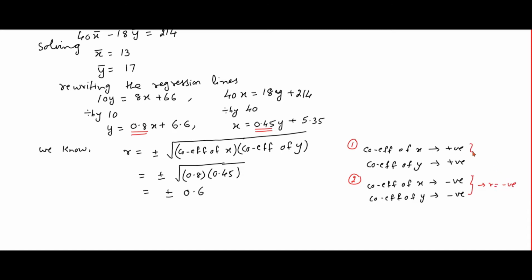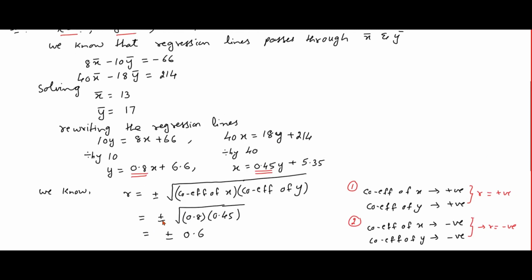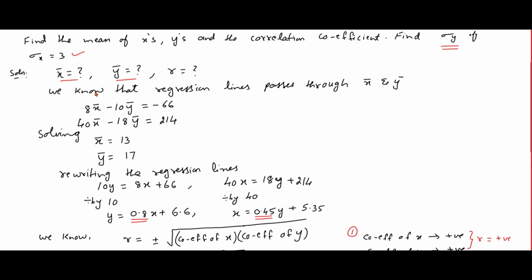In this case, the value of r will be positive. Alright. So both the coefficient of x and the coefficient of y are positive. Therefore, the value of r will be 0.6. It is a positive value. So the r value has been obtained. You can see that all these three values have been obtained: x bar value, y bar value, as well as the value of r.